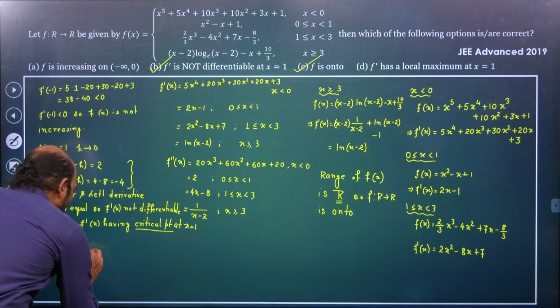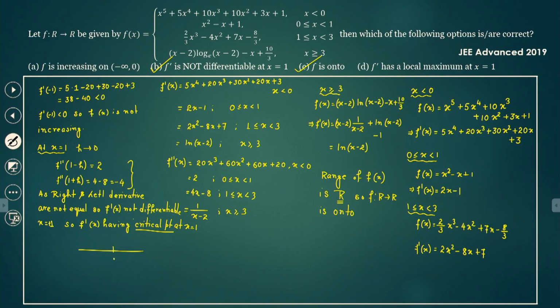At x equal to 1, I just consider two arbitrary points. I consider 0.5, and I consider another, 2. Or maybe for calculation, let us consider the value 0.75. That will be easy for calculation.